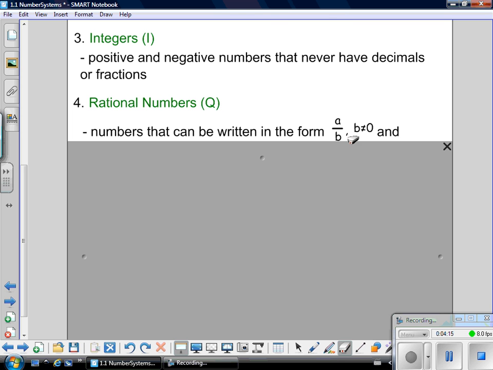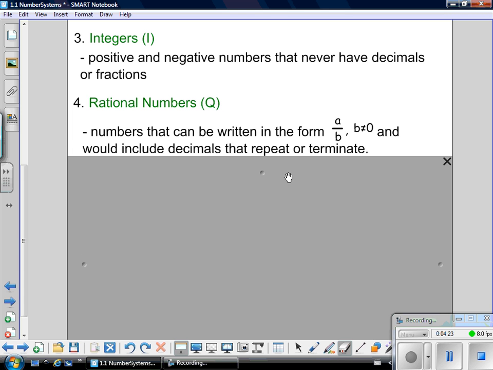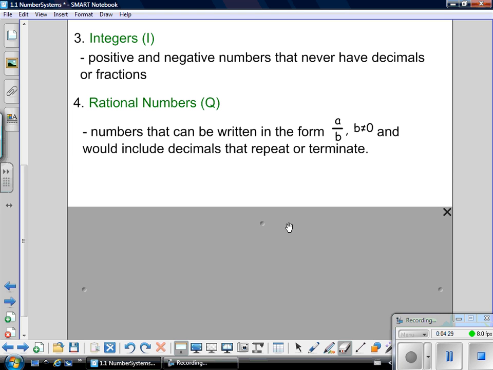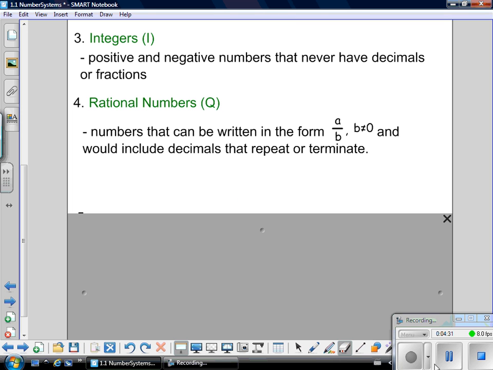Okay, so when you see something like that, you're thinking, oh, a fraction. You're right. So rational numbers are fractions or numbers that can be written as fractions. And it includes decimals that repeat or terminate. So that's important. It can include decimals, but they must be repeating decimals or terminate. Now the reason being is you can then write them in fractional form.